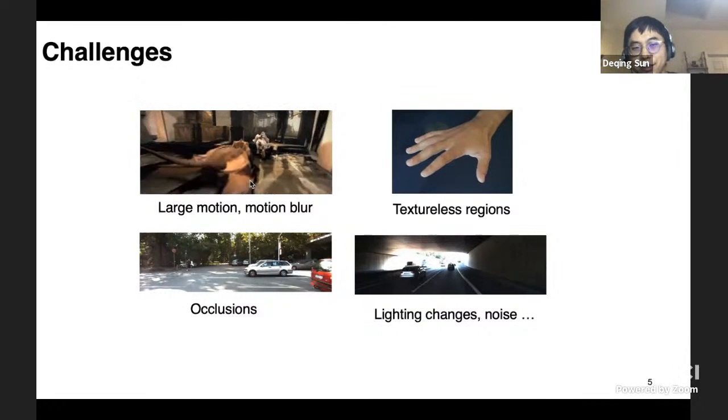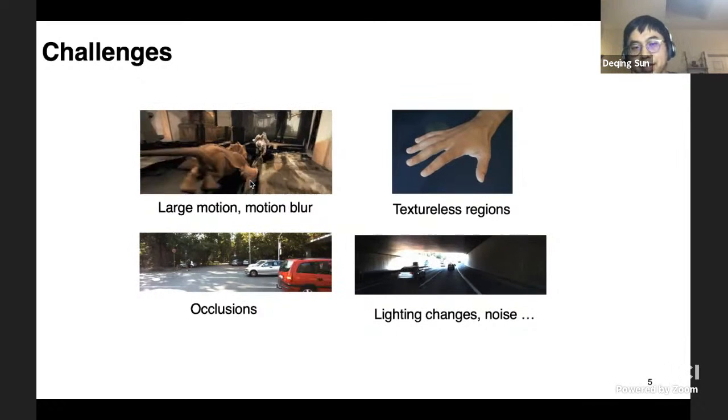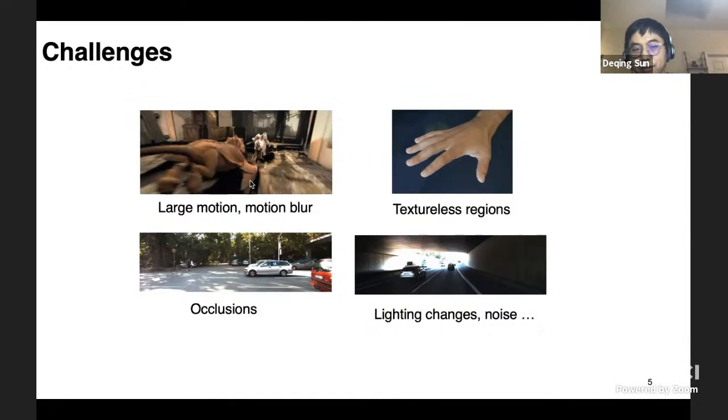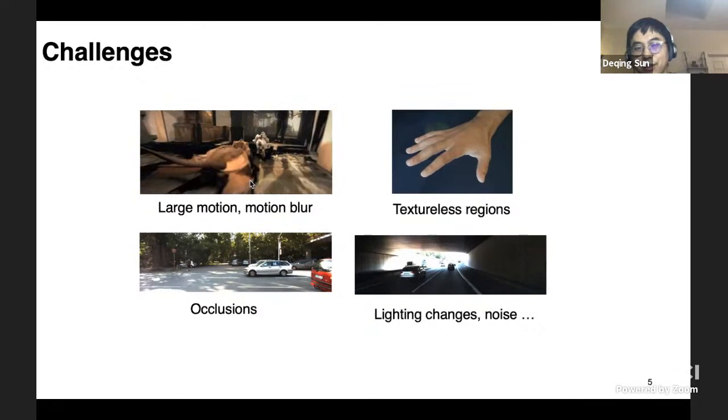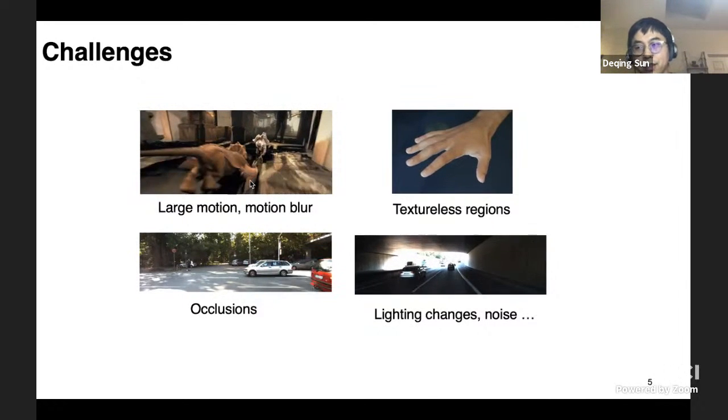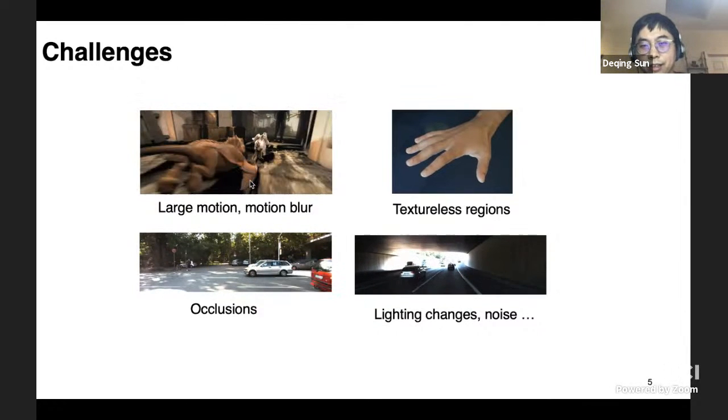Because the teacher network sees a bigger context, it's more accurate than the student network. In this way, you boost the initial network. So that is another interesting idea that works for unsupervised optical flow. And if you are more interested, you can look at that paper.